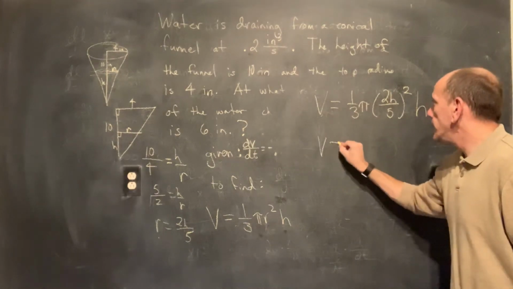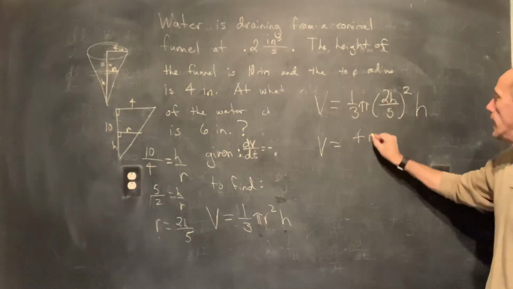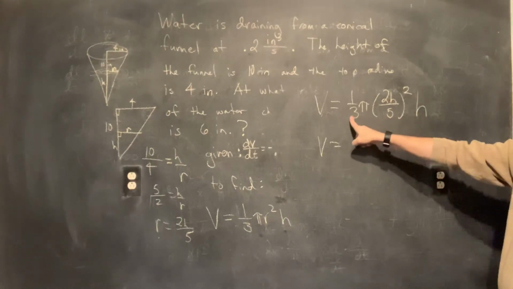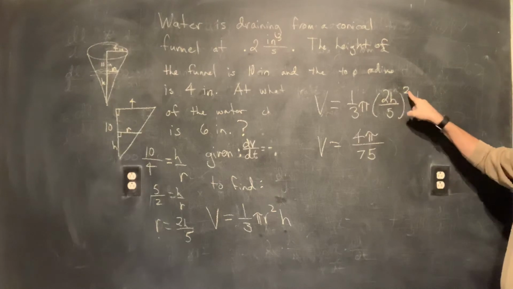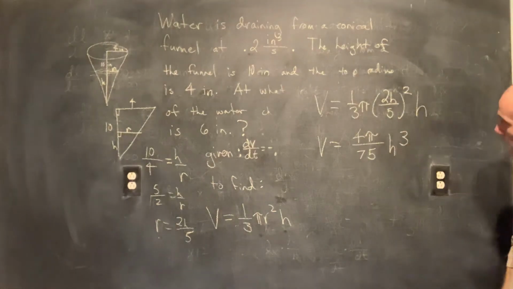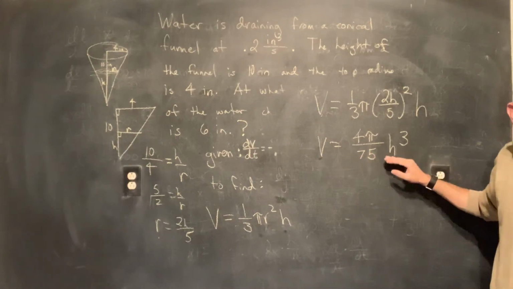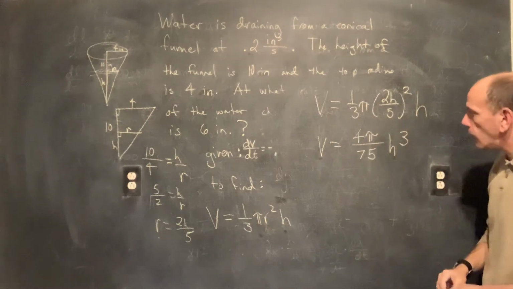Sweetness. V is, this will be 4 pi over 5 squared is 25 times 3, 75. H squared times h, cubed. Now I'm looking really good. Now I only have a link between v and h. Doing this derivative, I'm going to get what I want.